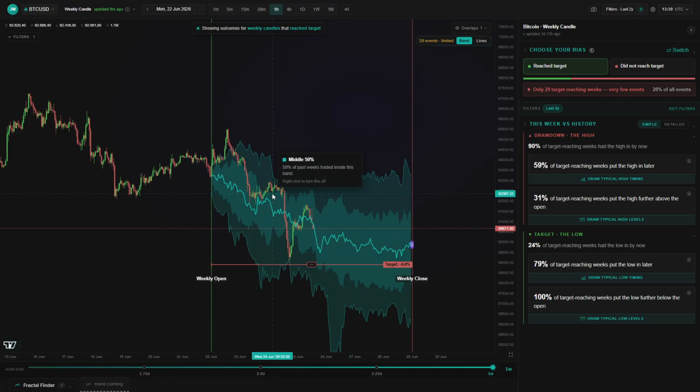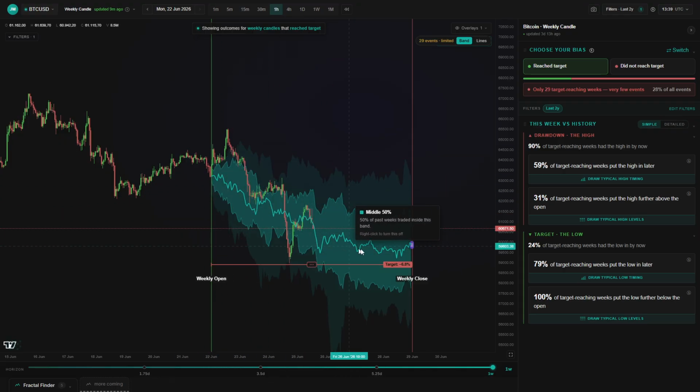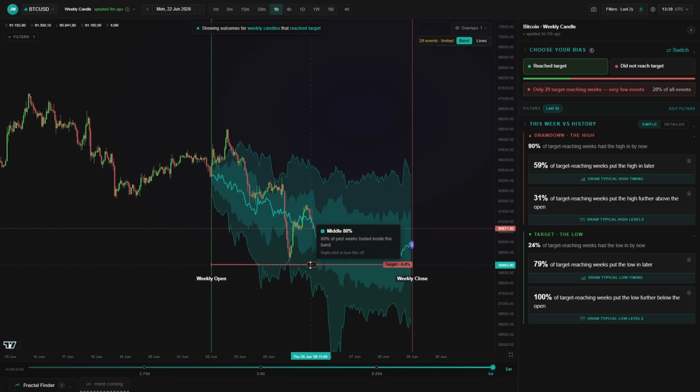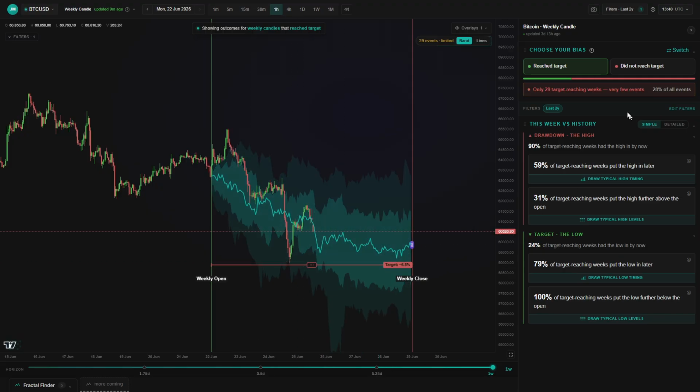And we can see that currently the current weekly candle is clearly behaving like a week that will still hit this level over here, a.k.a. that is still going to take out the current weekly low. We can even expand it a little lower, and we can see that approximately 29 out of 103 weeks, so 28% of all events, looking at both the bullish and bearish events simultaneously, would hit this level over here. And looking at the distributions of all those weeks, price is currently clearly behaving like a week that is going to hit that level.